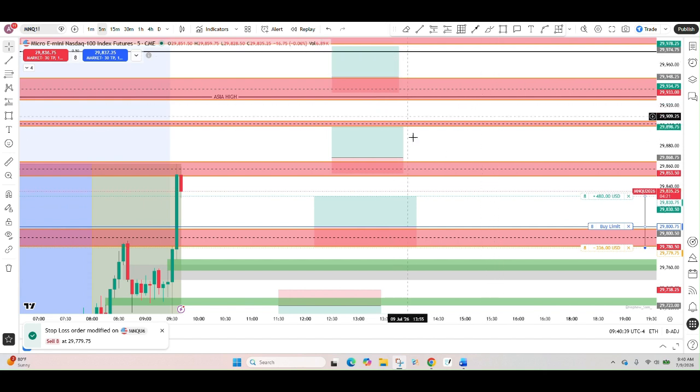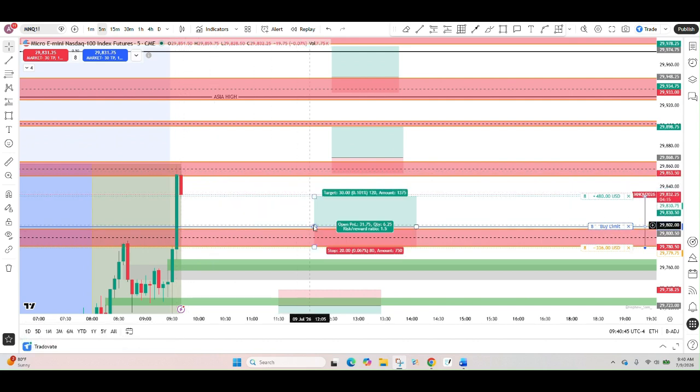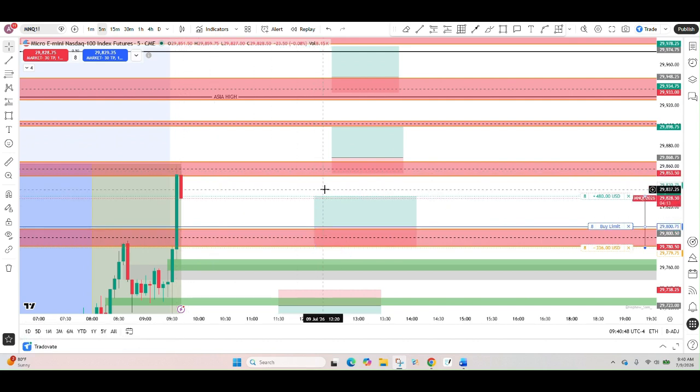Alright, so I set this as a limit order, because it inverts this fair value gap. So if the price comes back down here near my entry, it'll enter me in automatically for a long.